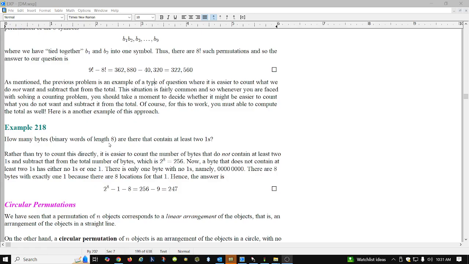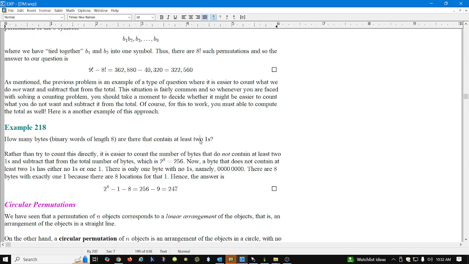The rest gets filled with zeros. So the answer to this question is 2 to the 8th minus 1 minus 8, or 247.